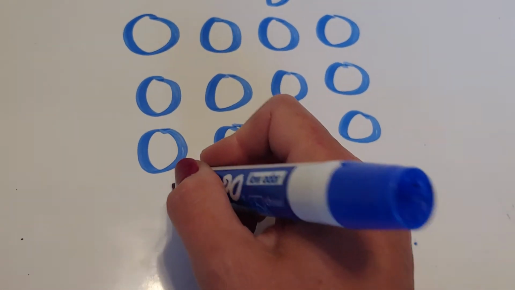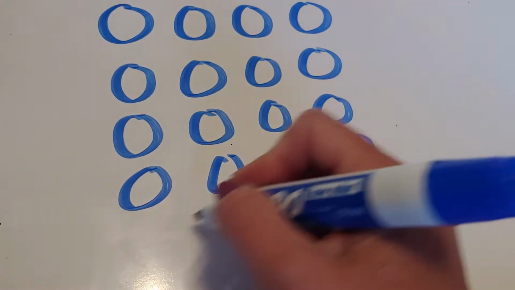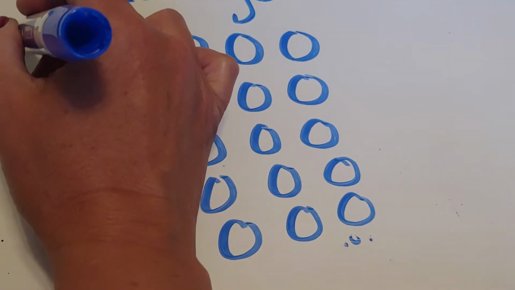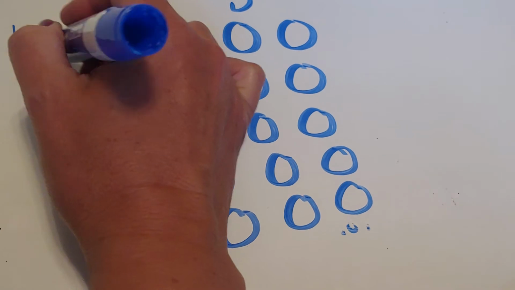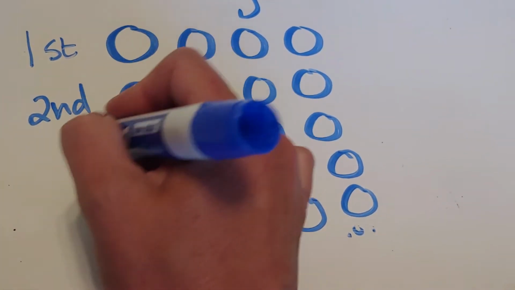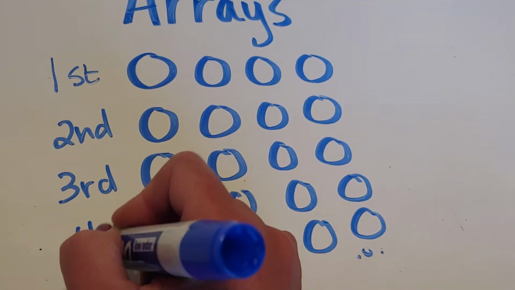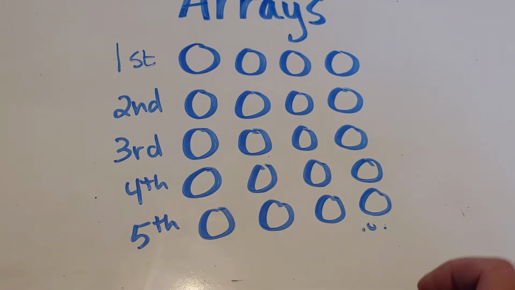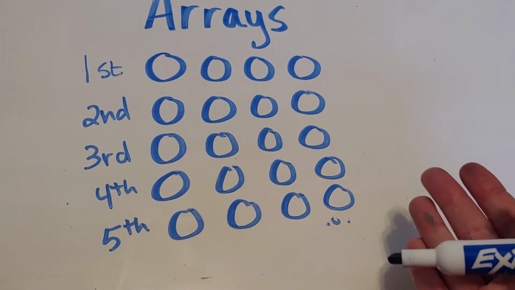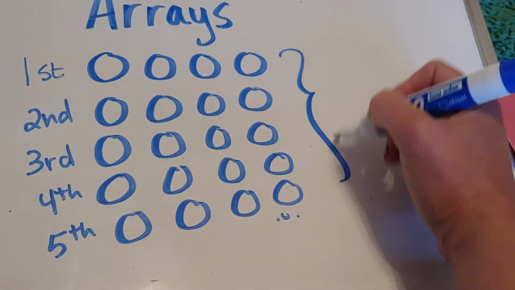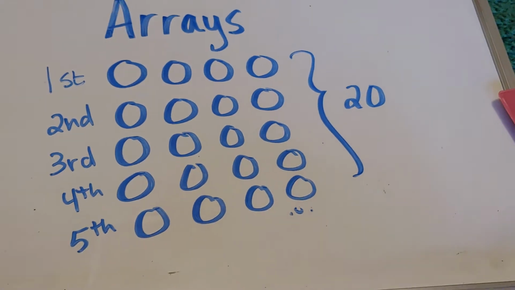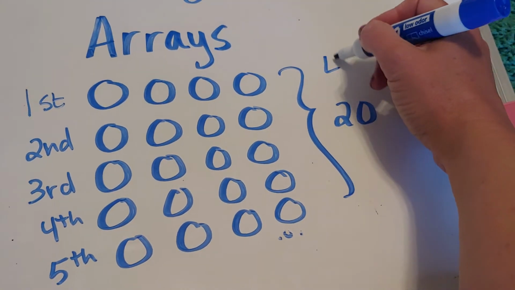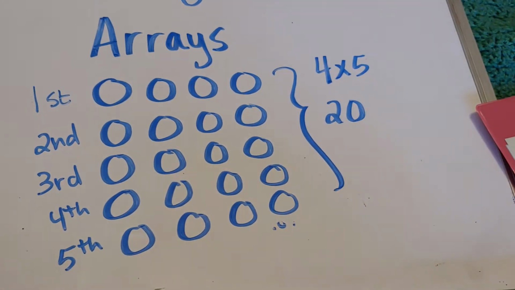The next person, and then the next person. So if you wanted to, you can write this as first student, second student, third, fourth, and fifth. You'll see that this is a total of 20. And again, we are learning the math fact that 4 times 5 is 20.